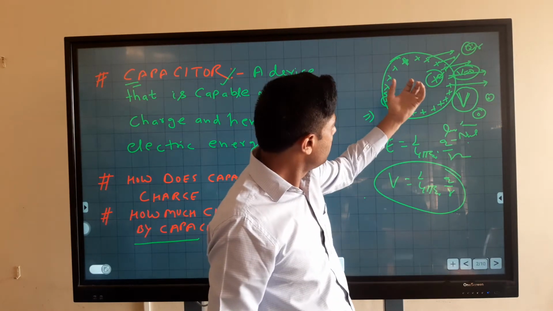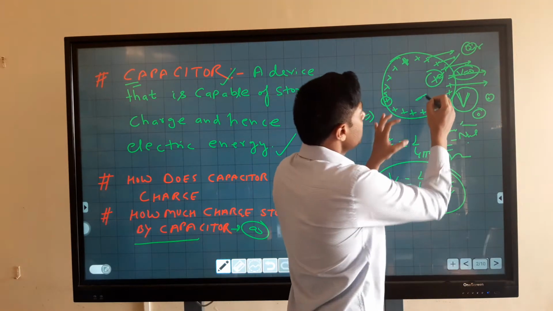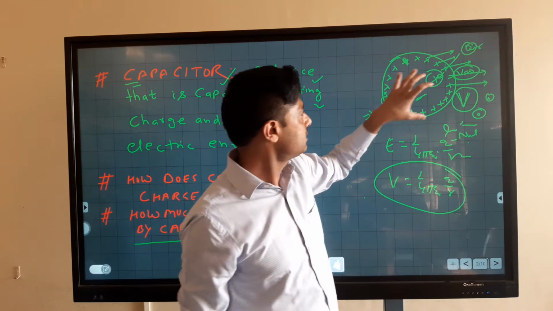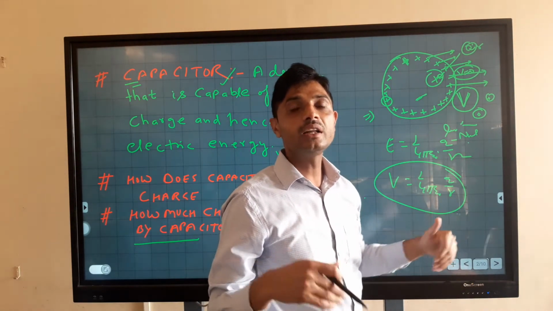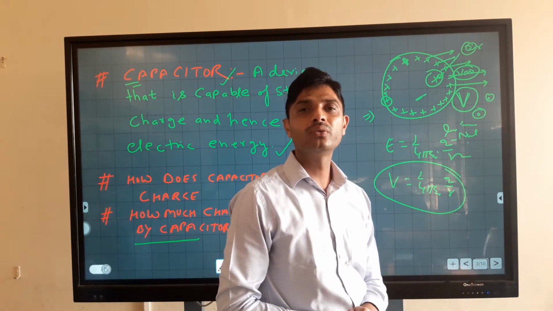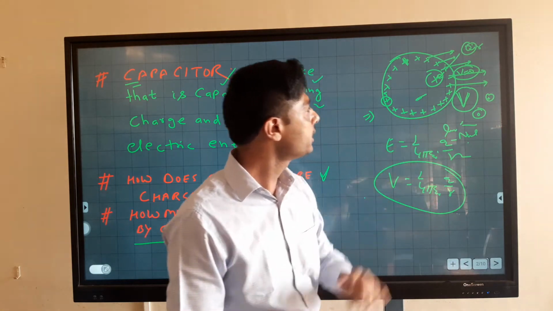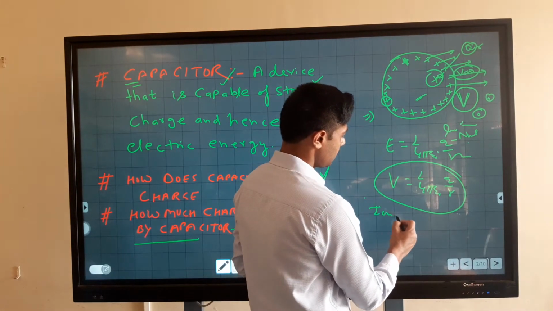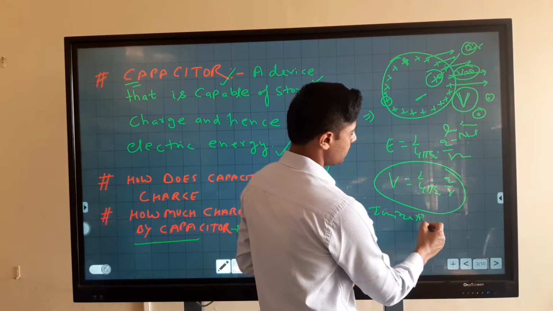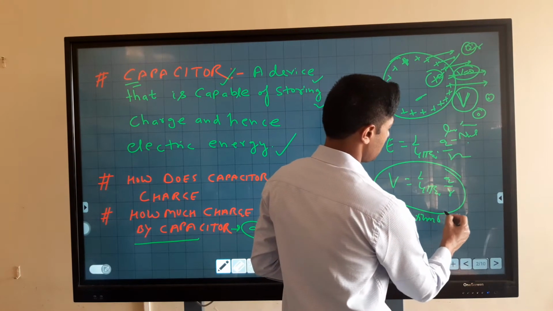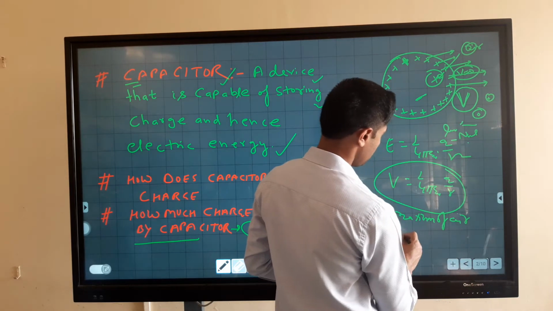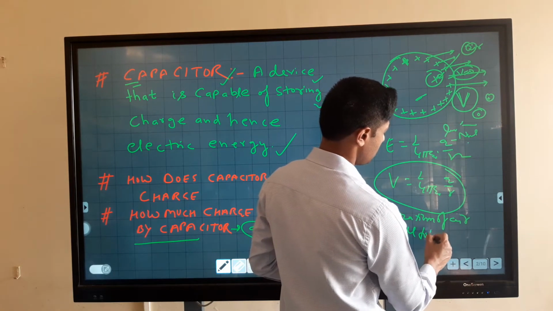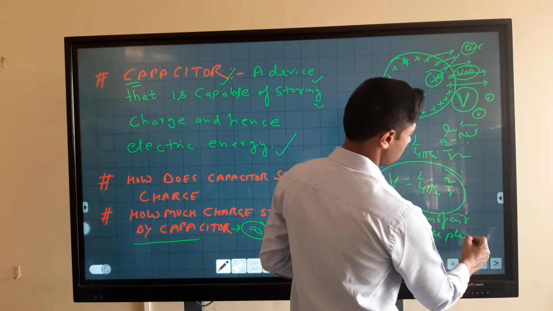So when the charge reaches a certain value, we can't increase the charge on the sphere, because ionization of air will take place.